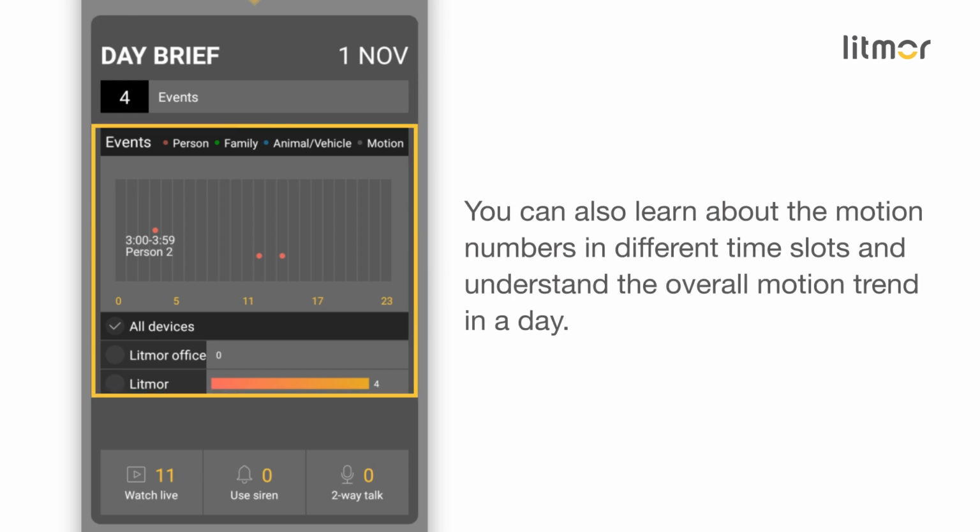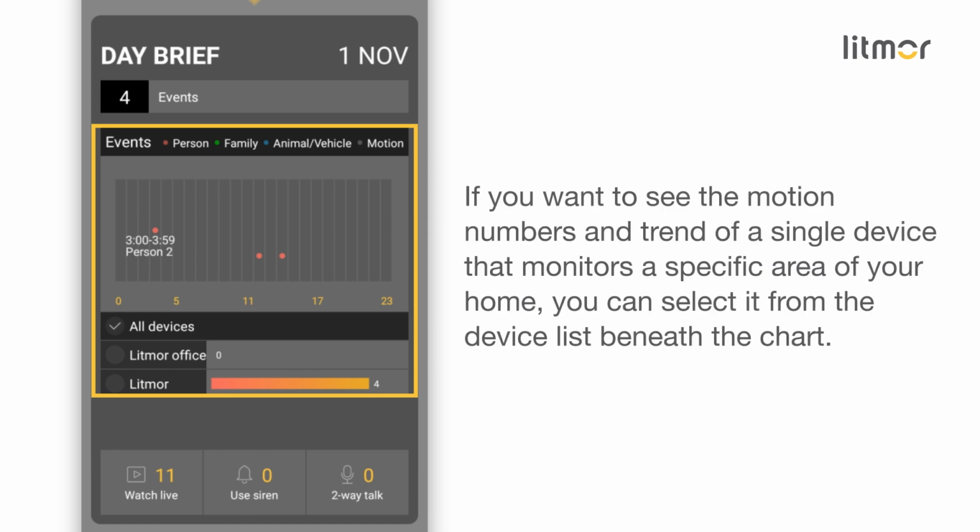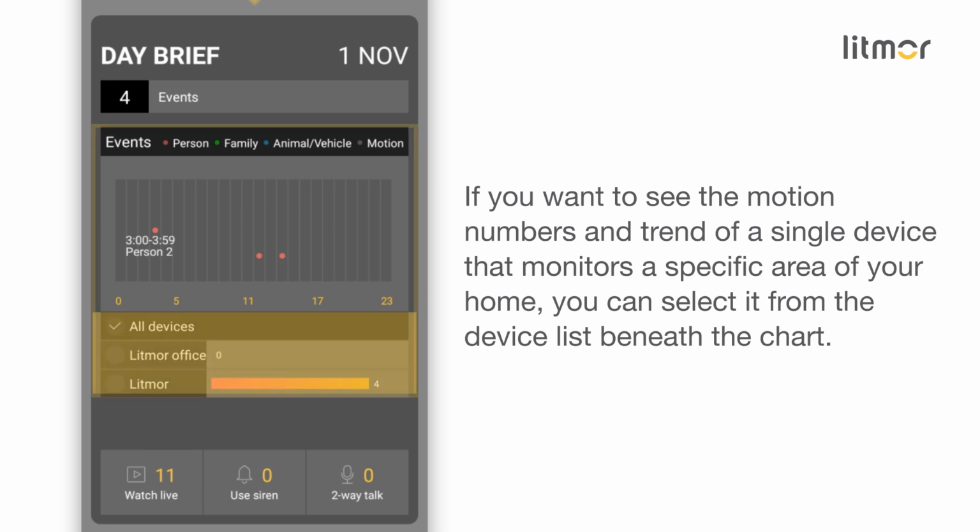You can also learn about the motion numbers in different time slots and understand the overall motion trend in a day. If you want to see the motion numbers and trend of a single device that monitors a specific area of your home, you can select it from the device list beneath the chart.